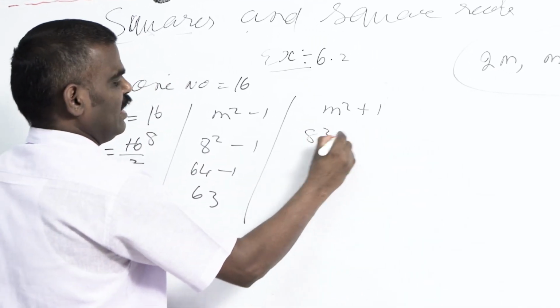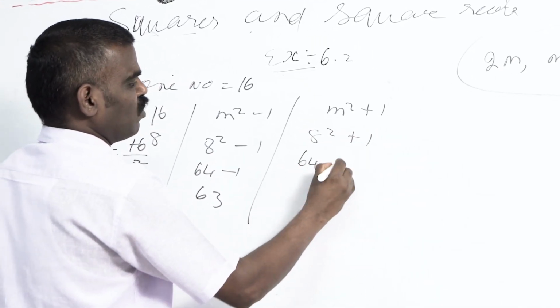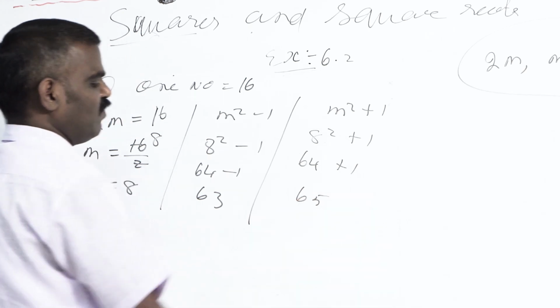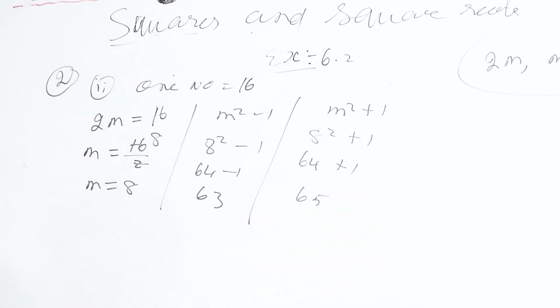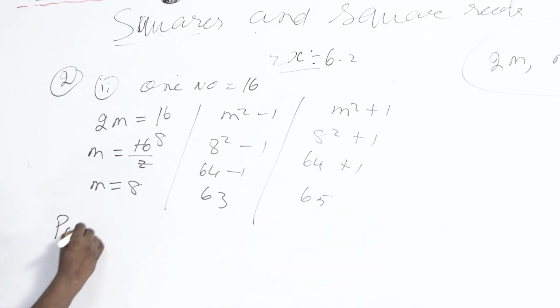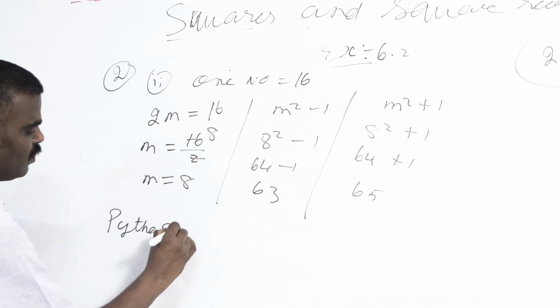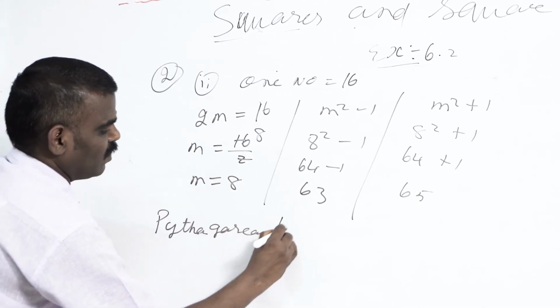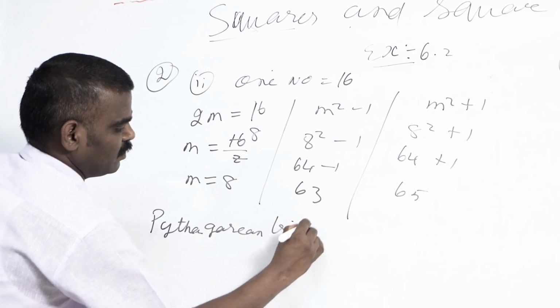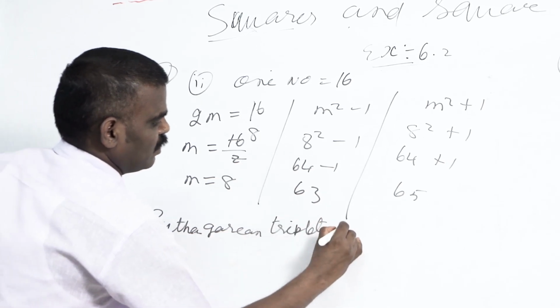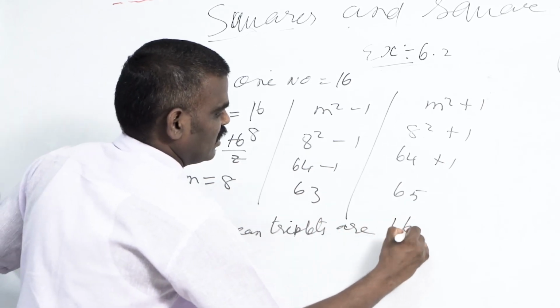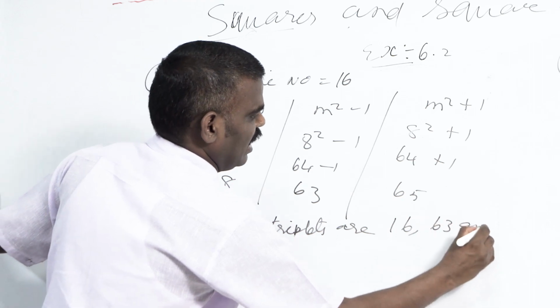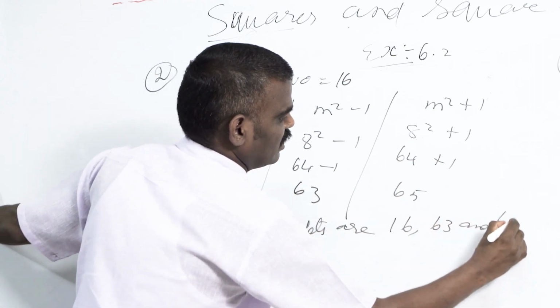That is 8 square plus 1. 64 plus 1. How much? 65. Understood? So, triplets are how much? 16, 63 and 65.